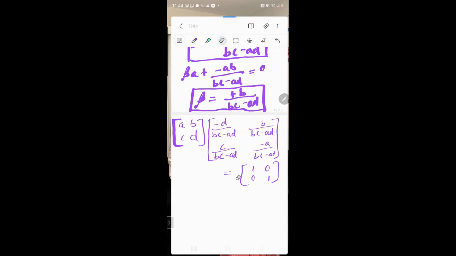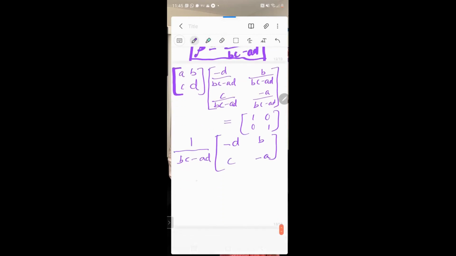So when you calculate the inverse of a matrix, you commonly see this formula which says 1 over, either you can write it as AD minus BC or BC minus AD. It doesn't matter as long as you keep all the minus signs correct. 1 over BC minus AD times minus D, plus B, plus C, minus A. You can write it like this, or in the more traditional format, which is 1 over AD minus BC, because I'm multiplying everything with minus 1.